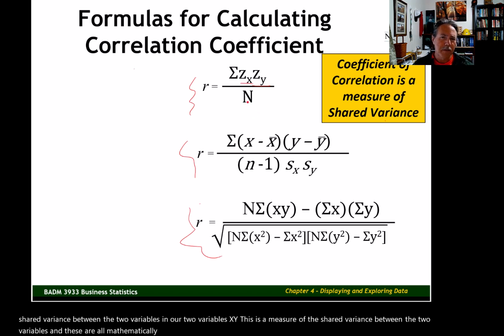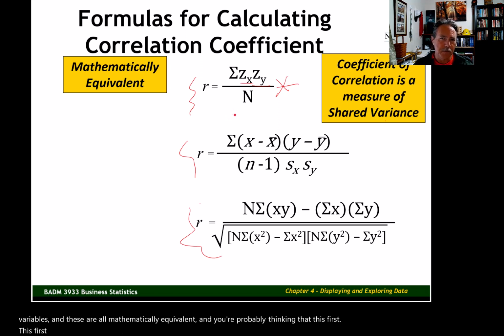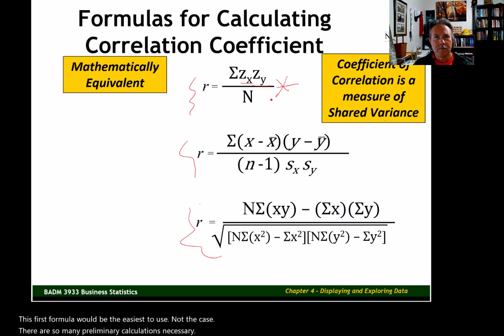And you're probably thinking that this first formula would be the easiest to use. Not the case. There are so many preliminary calculations necessary before you can use this formula, that this formula is really the most complex if you're hand calculating Pearson's correlation coefficient.